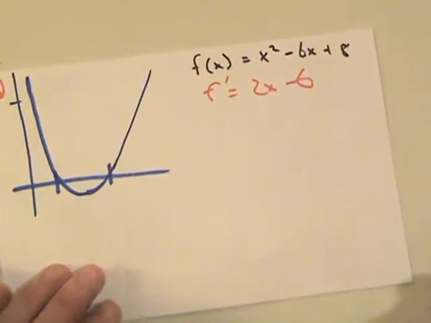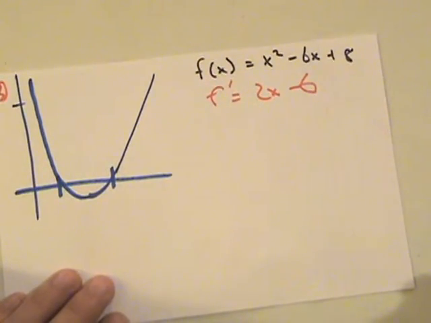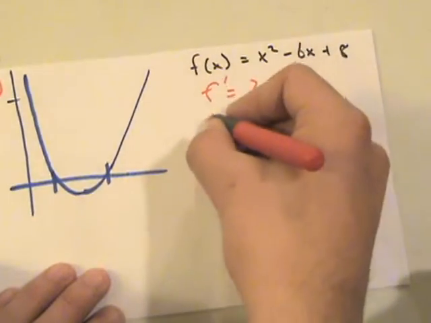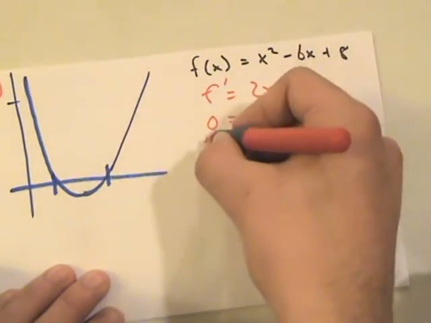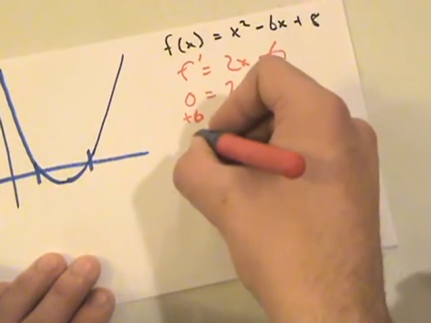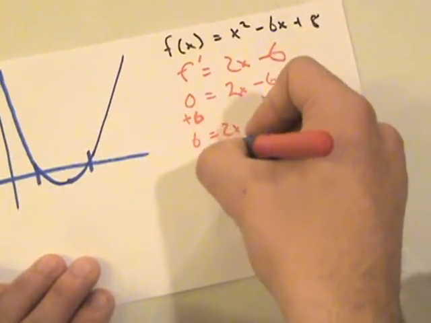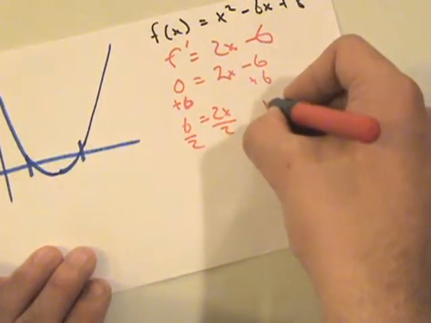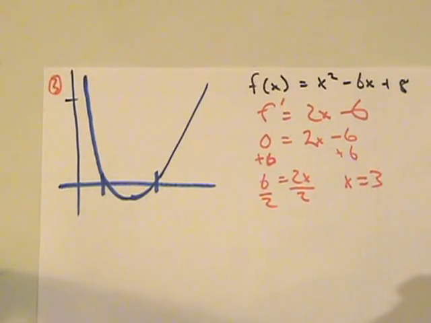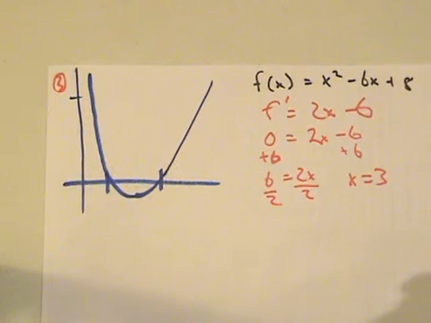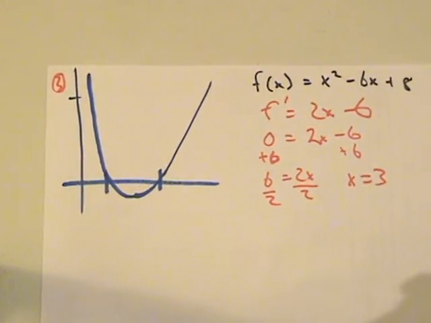Now all we have to do is find the zero, so we're going to set it to 0. So x equals 3. For this first question, they do give us a graph, so it's obvious what the critical point is, or what we learned before about extrema. That's where the derivative is 0, at x equals 3.